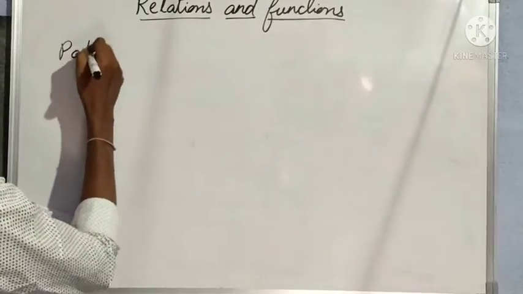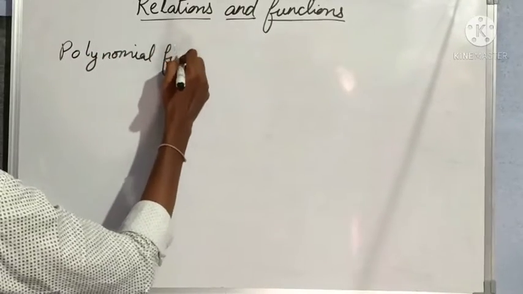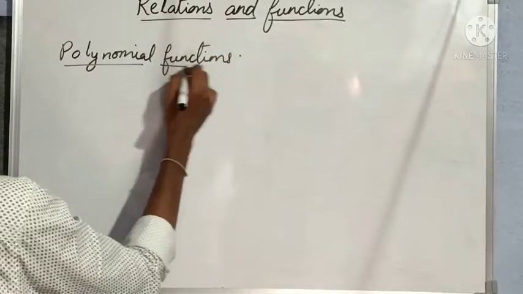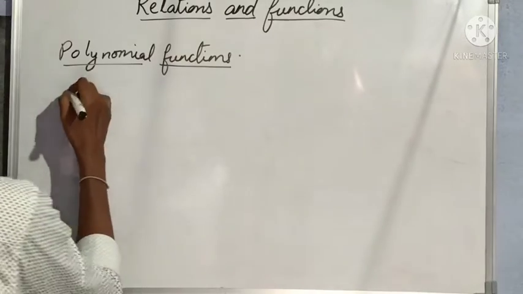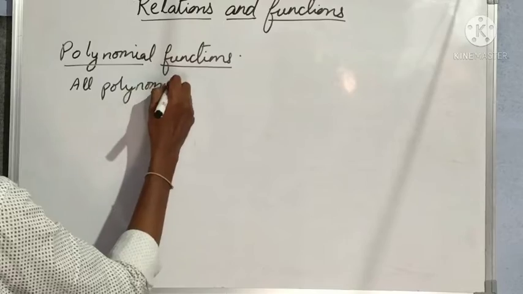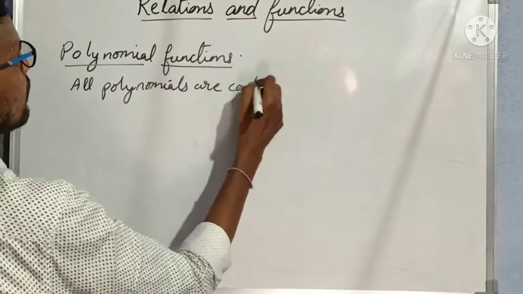So our first concept in graph of functions is polynomial functions. Okay? Very, very important point: all polynomials are continuous.